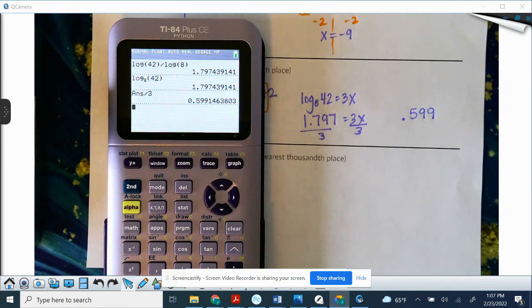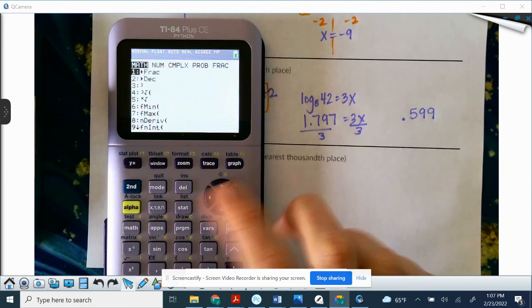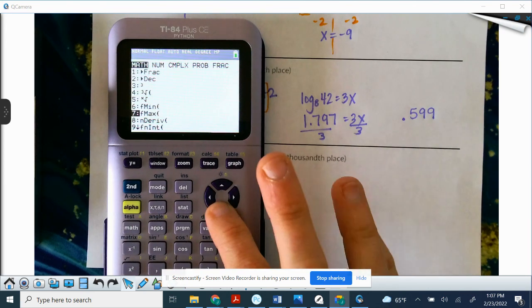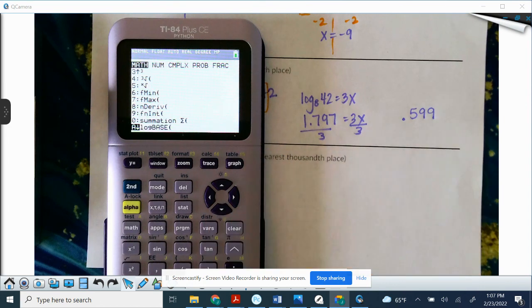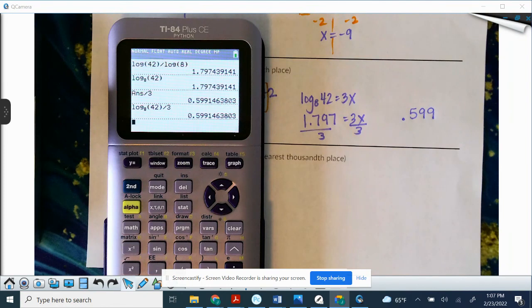The other way you can plug this in your calculator, if you choose to use a calculator, and you probably can do the same thing in Desmos. I haven't tried it there. But log base 8 of 42 divided by 3 should give you your perfect answer as well. And I say that because I found out the hard way the first 2 semesters teaching math 3.